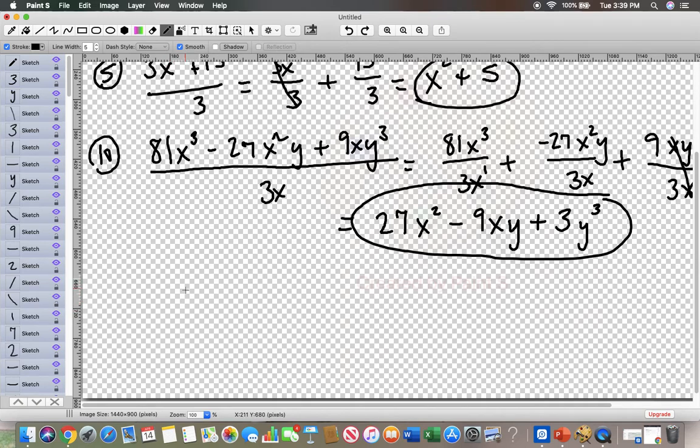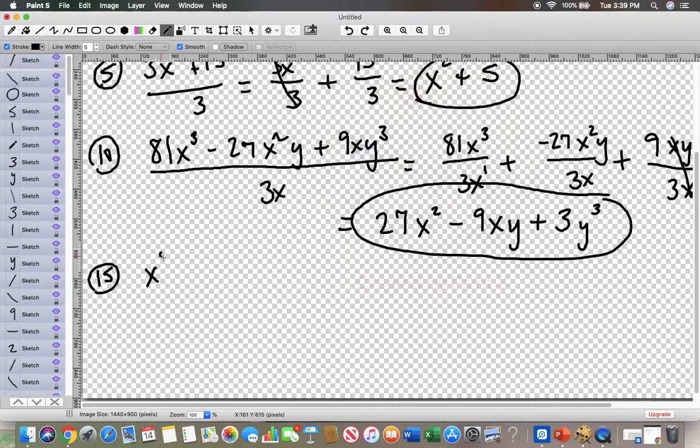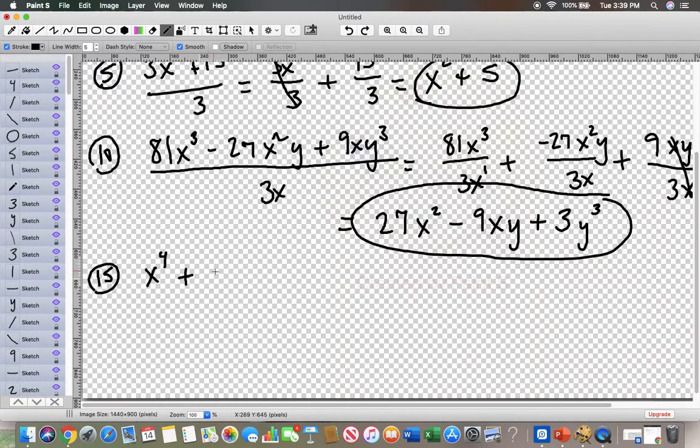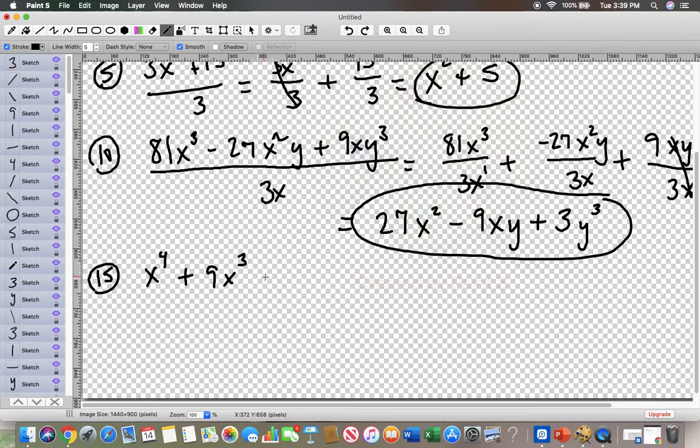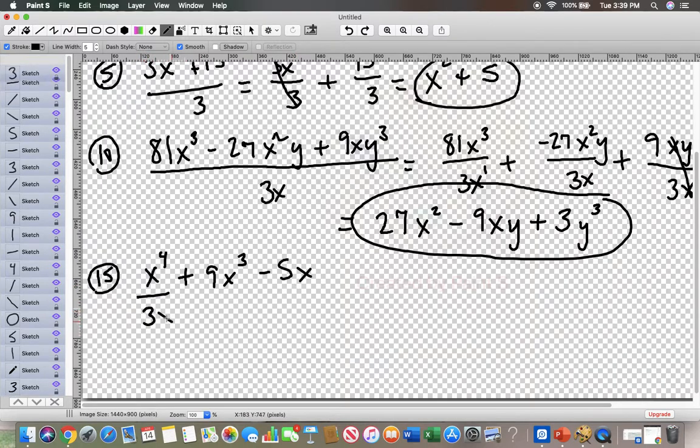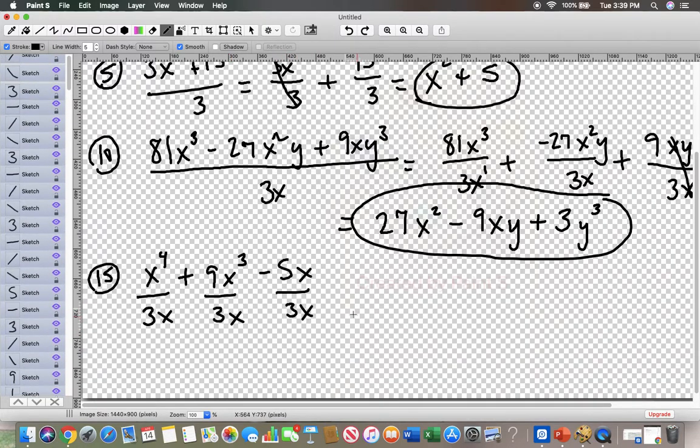Let's do one more on this page. Number 15, x to the 4th plus 9x cubed minus 5x. And we're dividing all this by 3x, so I'm going to go ahead and just put each term over 3x.